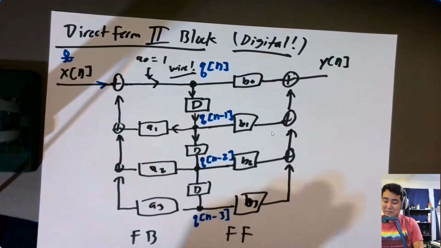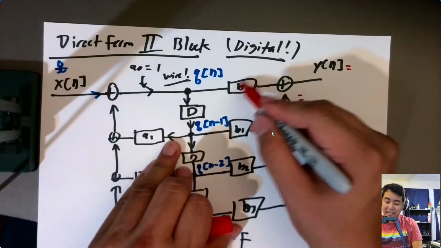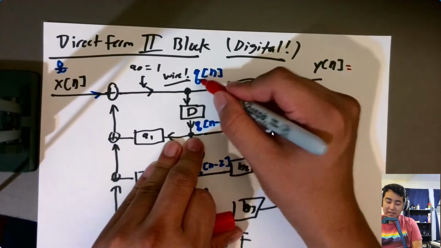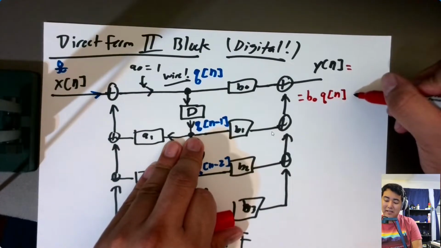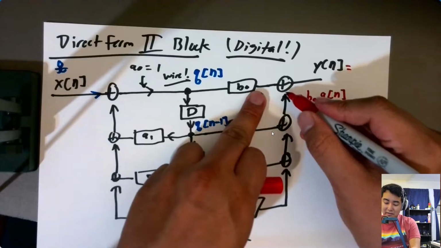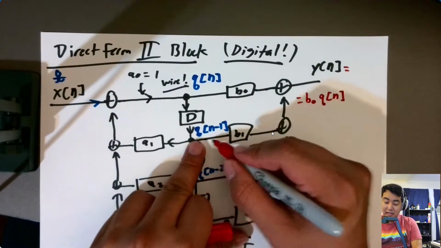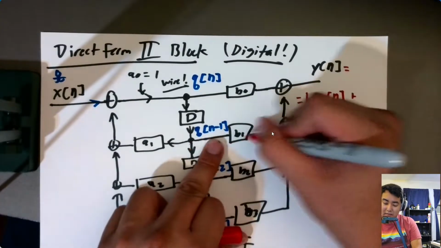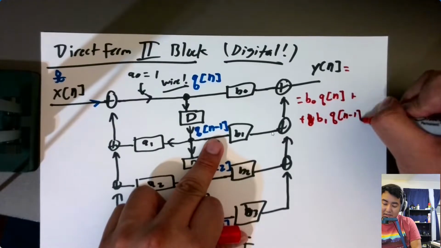So now, here's our output y of n. What is it equal to? Y of n is equal to, well, we have this gain block, b of 0, but what's it being multiplied by? Q of n. Now plus, so this goes in here, plus what comes in here? Not Q. B of 1, Q of n minus 1.